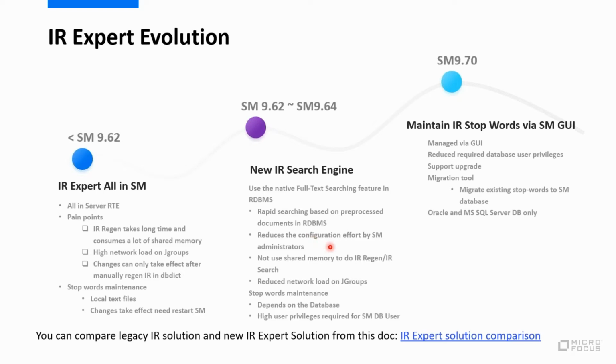That also reduces the configuration effort for Service Manager administrators. Also, we no longer use shared memory to do IR regen and IR search, which also reduces some network load on JGroups. And starting from Service Manager 963, we use the database to maintain the stop words.